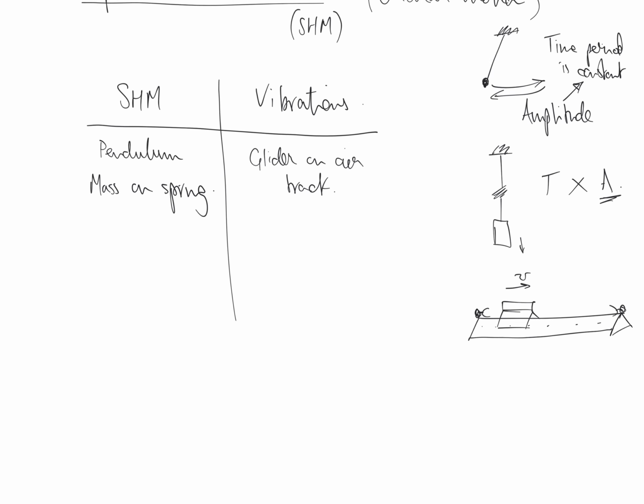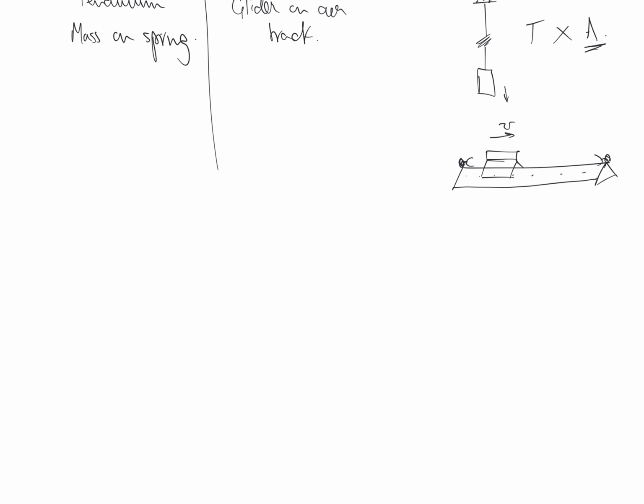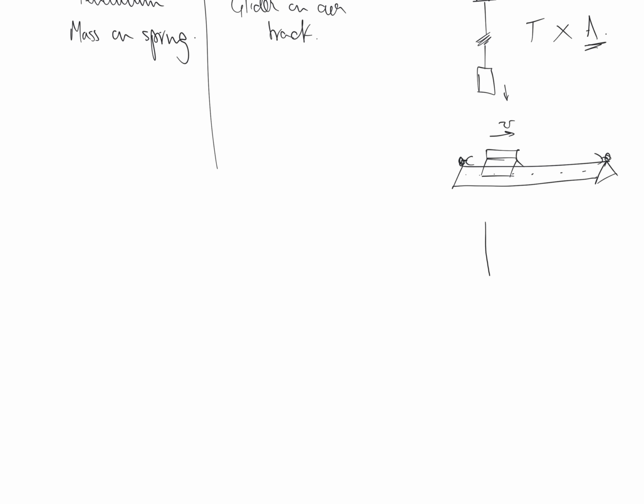Okay, and let's take a look at one more example. What happens if I had a U-bend of water and I displace the water a little bit higher at one end than the other? What would happen there? Well, we know it's going to bounce back and forth when it's released.